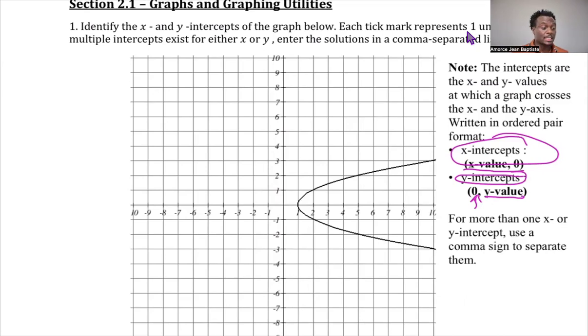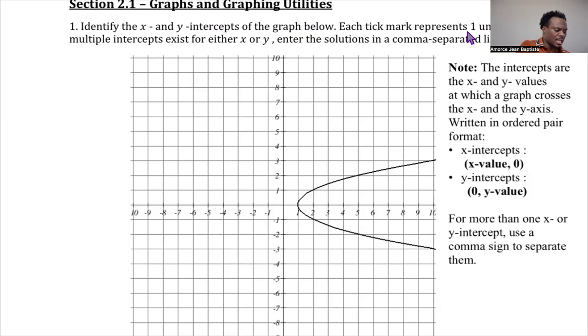So please, the x-intercept in ordered pair should be given in parentheses, x value comma 0, and the y-intercept in ordered pair, which is required for me in this class, should be written as 0 comma y value. But if I ask you for the x and y value, obviously you can just give me the values.